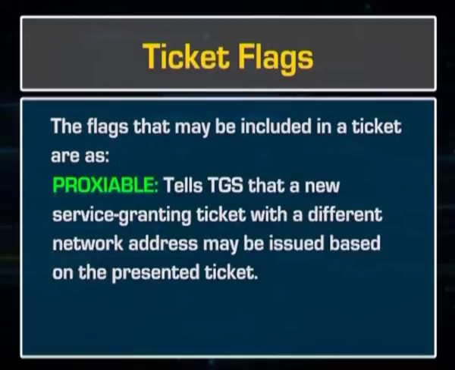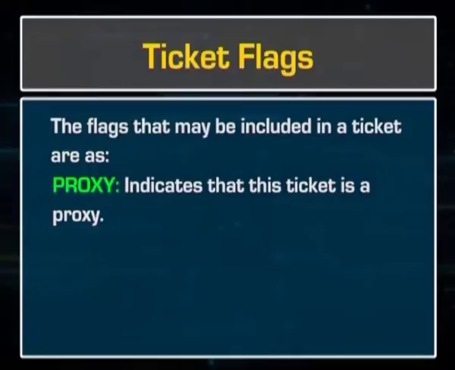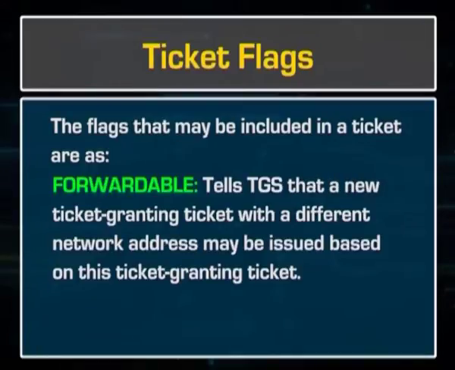Then is proxiable, which tells the TGS that a new service granting ticket with a different network address may be issued based on the presented ticket. Proxy indicates that this ticket is a proxy. Forwardable tells the TGS that a new ticket granting ticket with a different network address may be issued based on this ticket granting ticket.